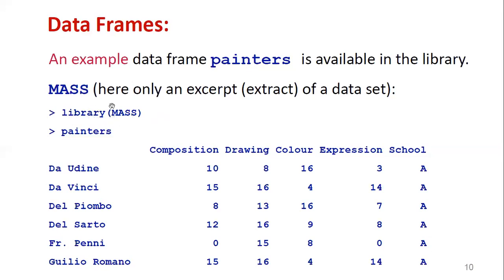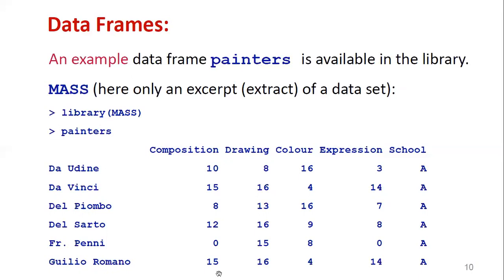Within parentheses you write the package name MASS, all uppercase letters. Whenever you start R software, you must use this library command once initially. Then you can call the data set directly, painters, all lowercase letters.